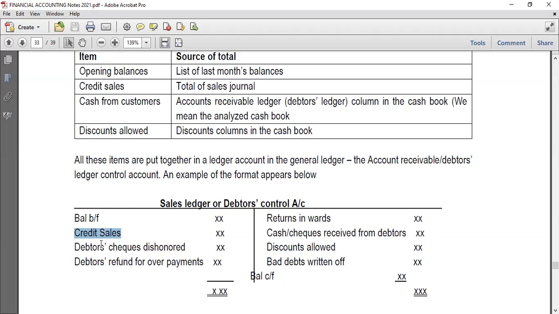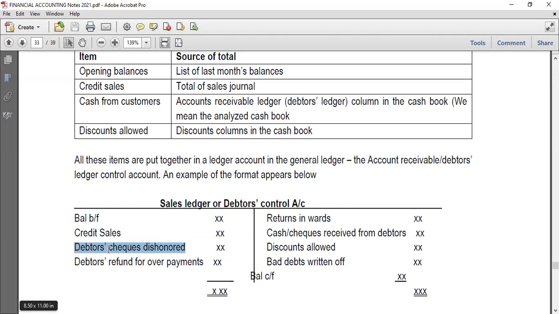Then we have the debtors check dishonored. The reason why we are seeing the debtors check dishonored on the debit side is because if we have gotten a check from a debtor who has paid us, once they pay us we adjust our books of accounts, okay?